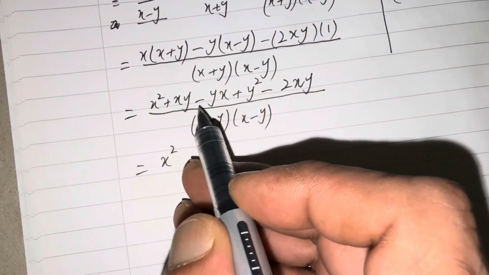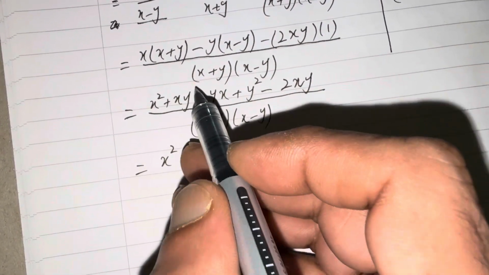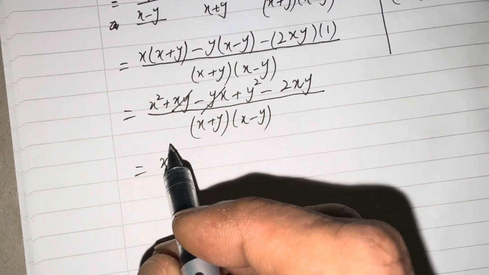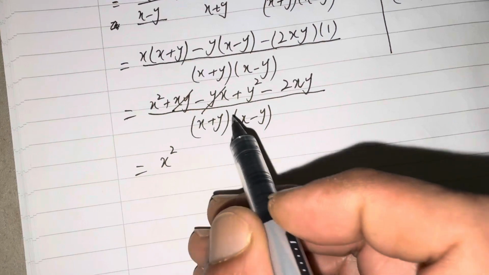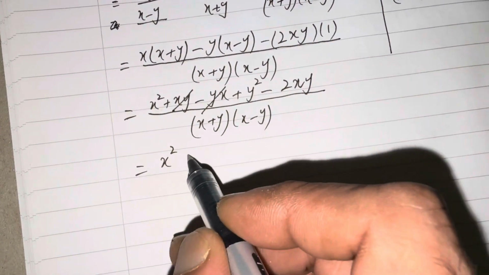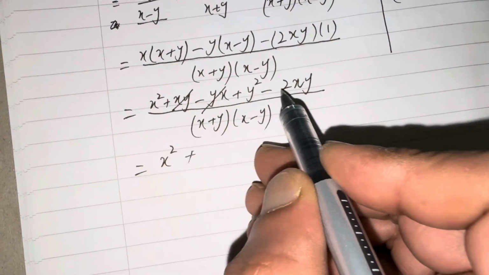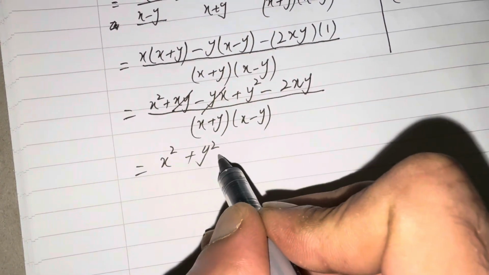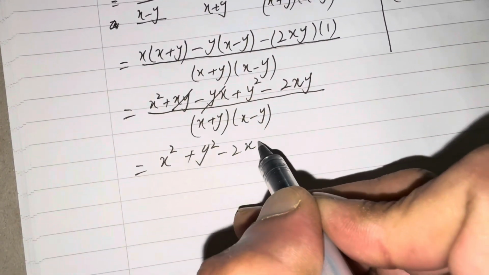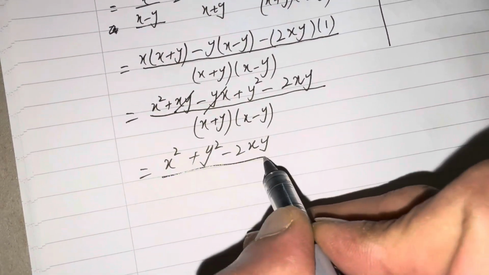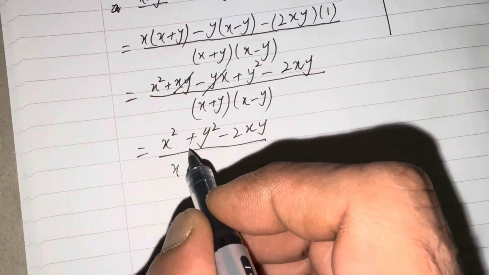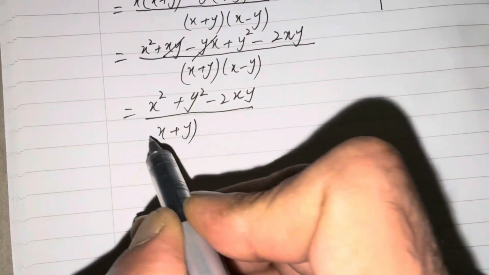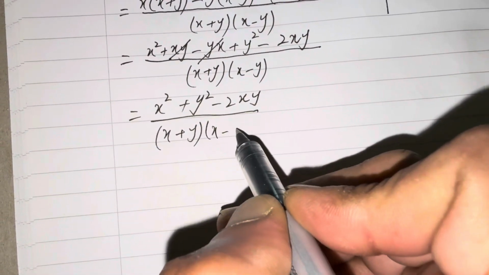When we subtract them from each other, they will be cancelled. So the remaining y square, वो इसी तरह आ जाएगा minus 2xy divided by x plus y into x minus y.